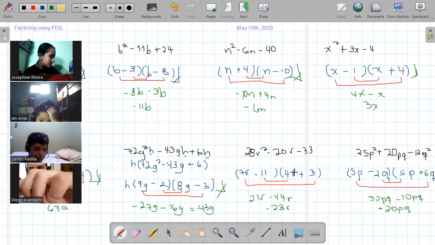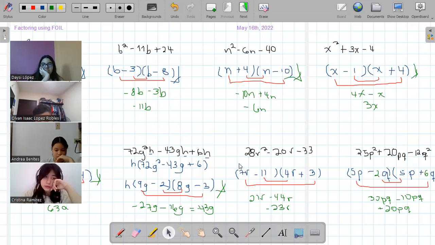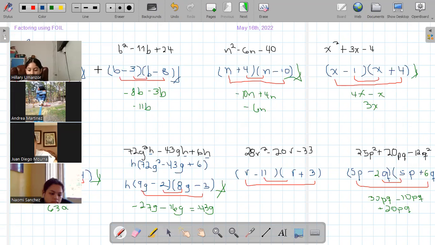Or should I change the 7 and the 4? What do you want us to do? The 7 and the 4. Okay, remember this is called trial and error. So it means that you need to try and prove, and if there's an error, then we try again. Okay, what other number multiplied by another will give me 28 besides the 7 and the 4?